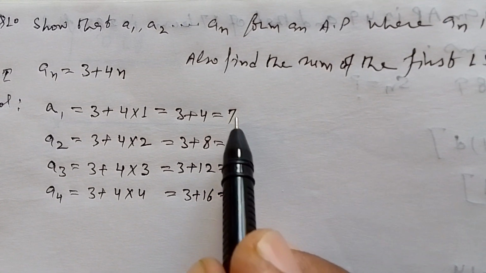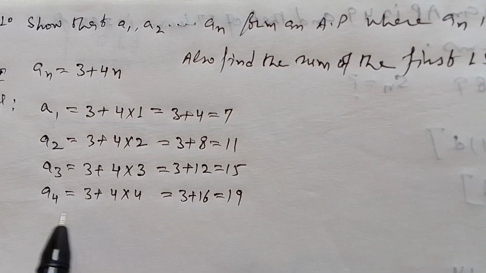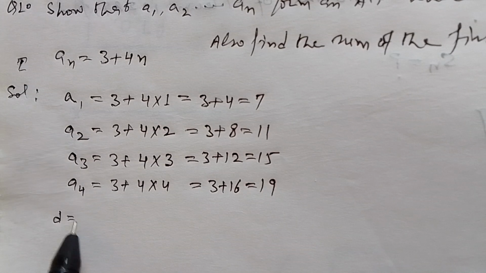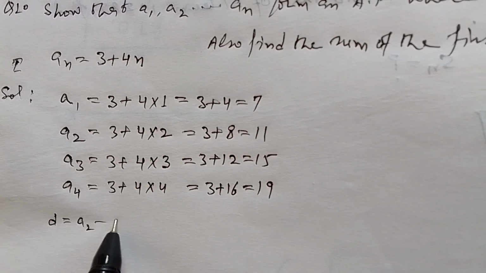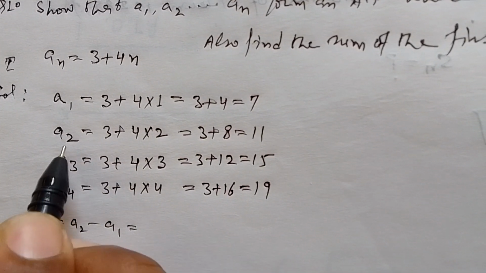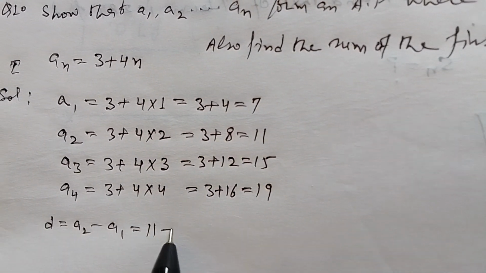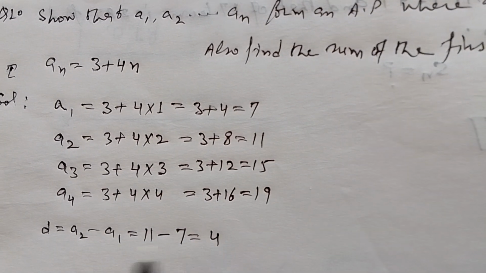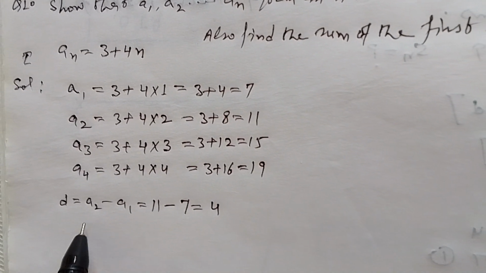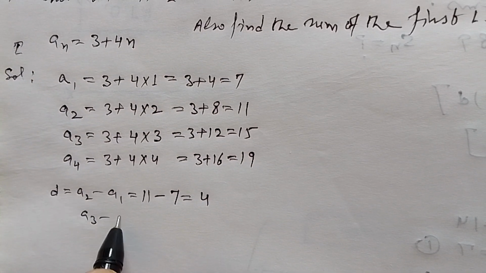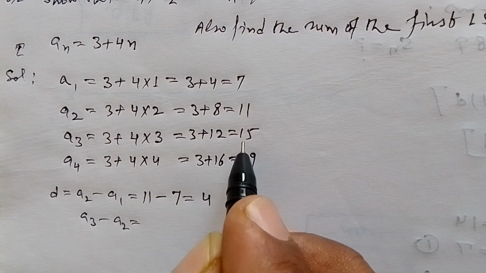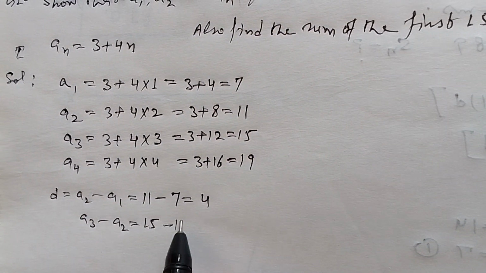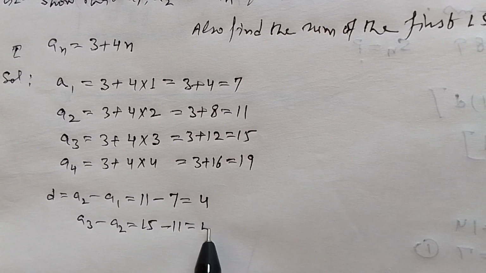So from these results we will now calculate the common difference. The common difference d is calculated as the second term minus the first term. The second term we have calculated is 11, the first term is 7, so the difference comes out to be 4. Similarly, the difference between the third term and the second term, 15 minus 11, again comes out to be 4.